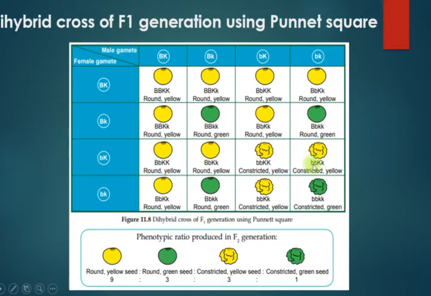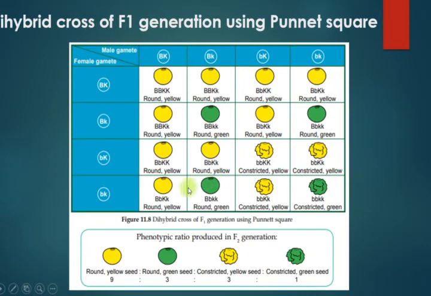It is constricted. Why constricted? Because this is homozygous recessive alleles for the seed shape. And this one has a big K and small k, so it will show the dominant trait because of the presence of the dominant allele, giving the yellow color of the seed. So the phenotype of the seed is constricted and yellow.